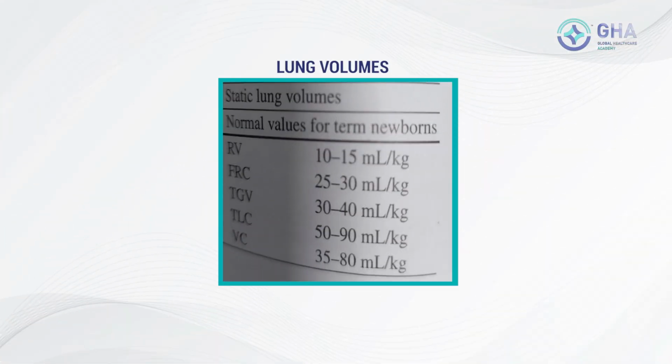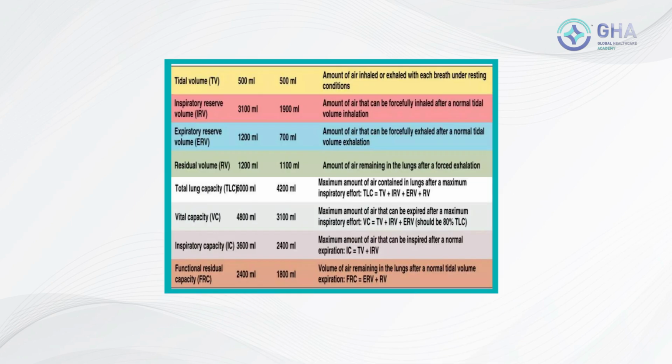So you can see the normal values of the lung volumes in newborns. The normal FRC is about 30 ml per kg and the total lung capacity is about 50 to 90 ml per kg. So FRC is about 25 to 30% of the total lung capacity. The volume of air which remains in the lungs at the end of the tidal volume is the functional residual capacity. And what is a tidal volume?